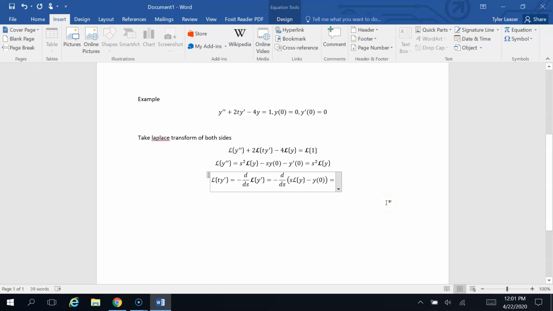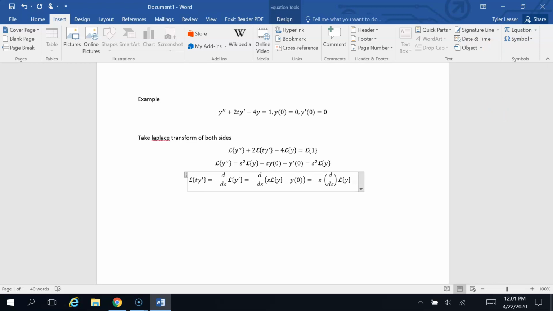This is going to be negative, so we're going to have to do a product rule here, because don't forget that the Laplace operator has s's embedded into it. So there's s, and then this also has s's, so when we take the derivative, it's going to be first s, and then the derivative of the second, of the Laplace operator.